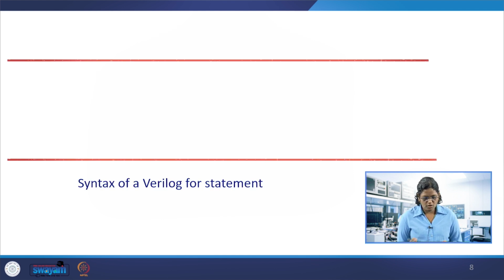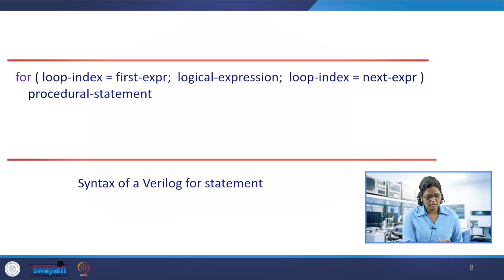So now coming to the for statement, here for loop index equal to first expression, and then logical expression, loop index equal next expression, and procedural statements would follow.